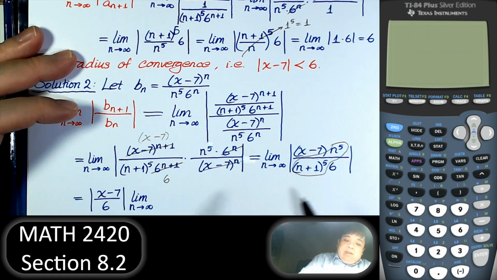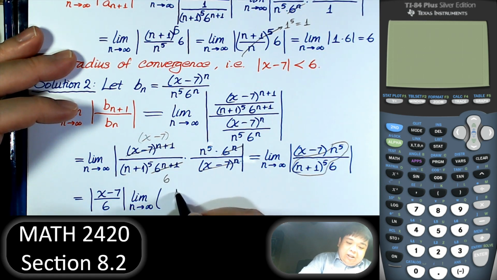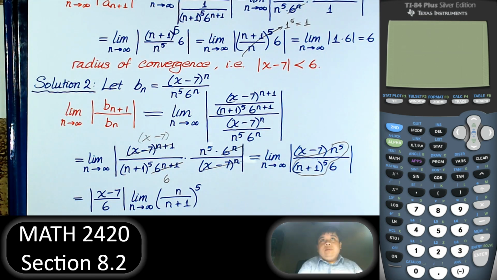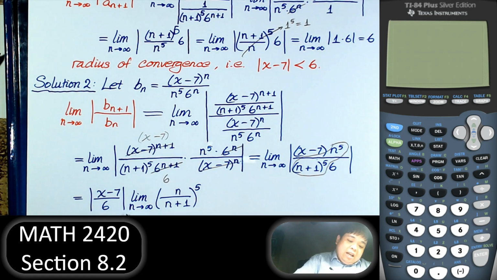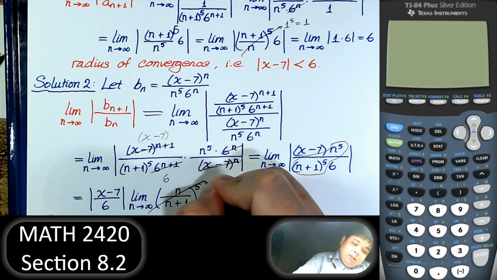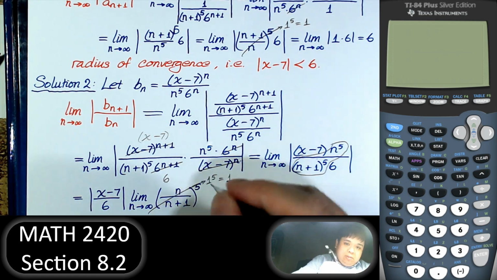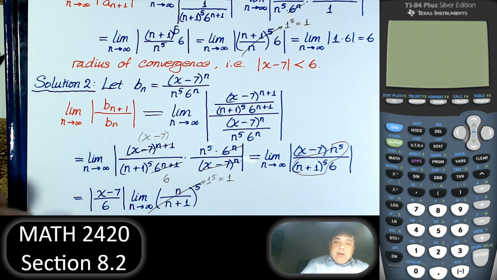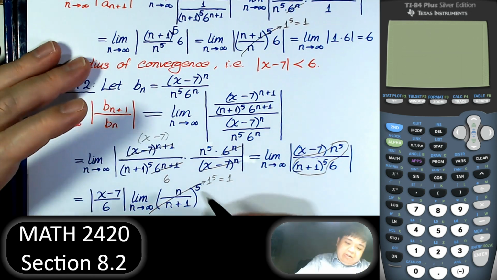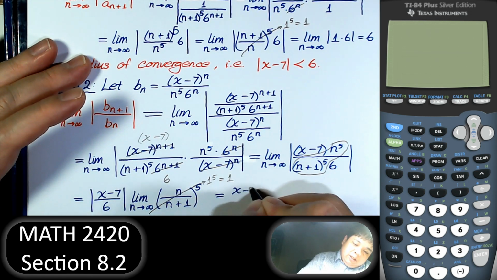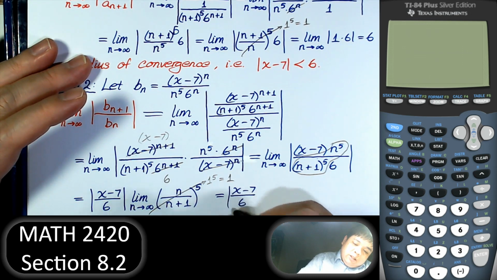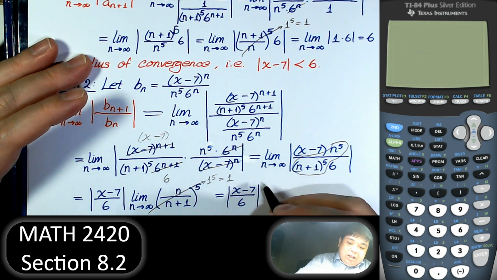And both of them have the 5th, so when we take it inside, once again, as n goes to infinity, this one goes to 1 to the 5th power, which is 1. So we have the absolute value of x minus 7 over 6. We can split the absolute values.